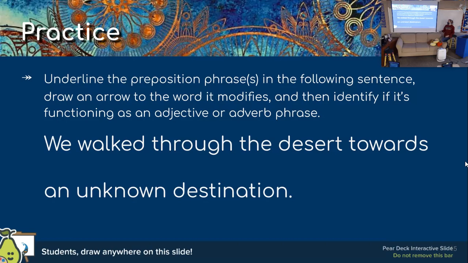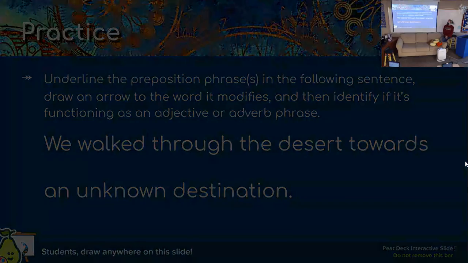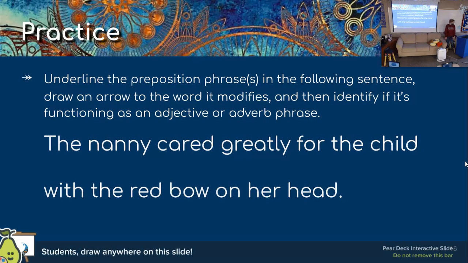So Aiden, if it's modifying walked, is it an adjective or adverb phrase? Adverb. It's again telling us where we walked. So we're answering that adverb question where for both of those phrases. Where did we walk? Through the desert. Where did we walk? Toward an unknown destination. You getting it? I think we have time for one more. Try this one.